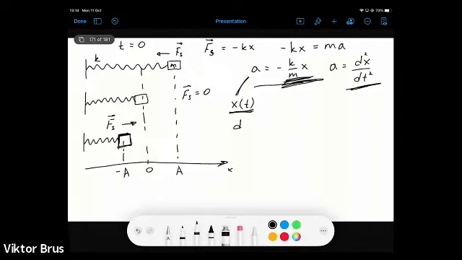So it will be d squared x over dt squared is equal to minus k over m times x. Or we can rearrange it. Let's put the right side to the left. It will be d squared x over dt squared plus k divided by m times x, and that is equal to 0.